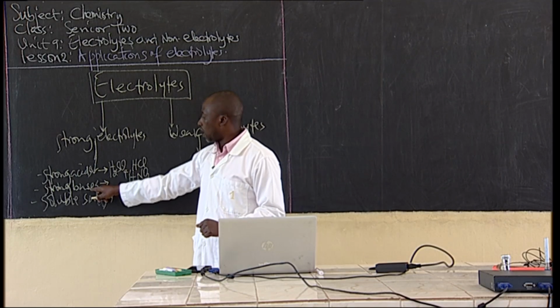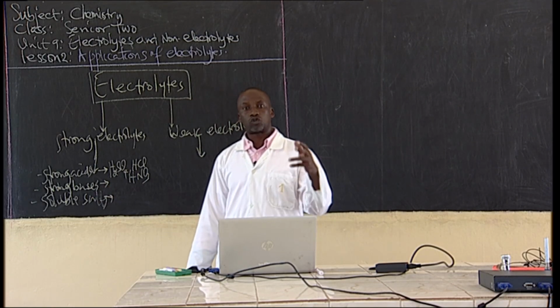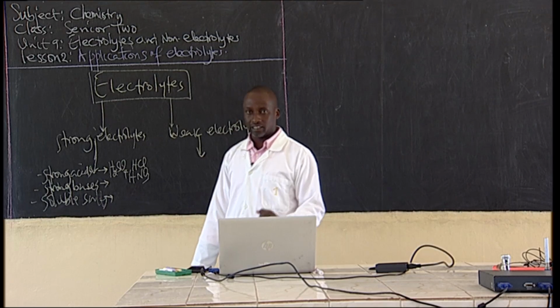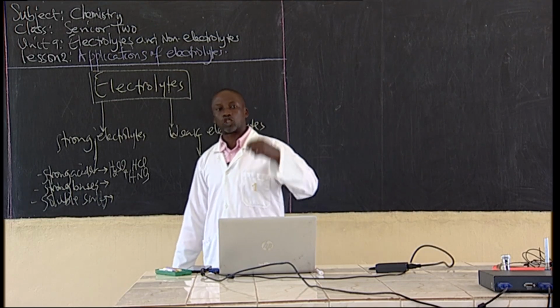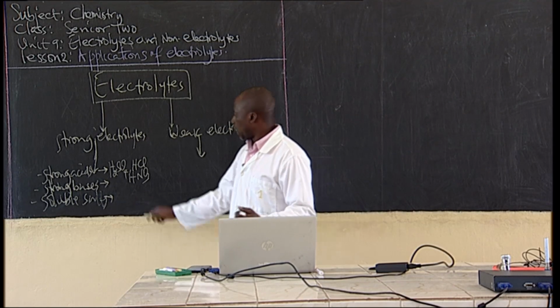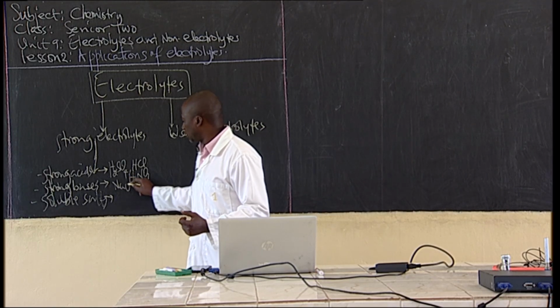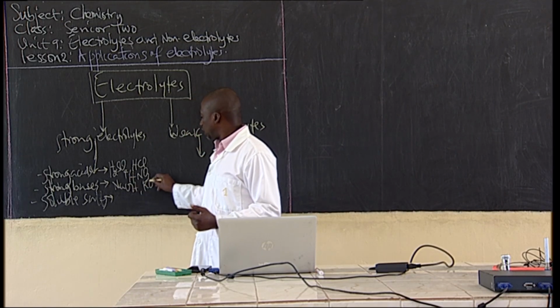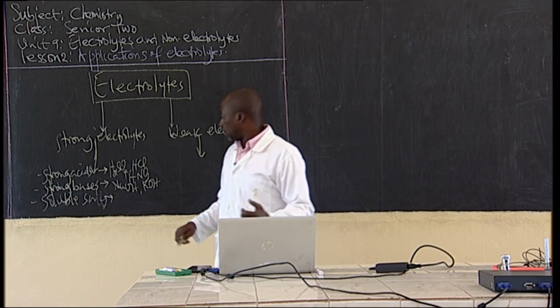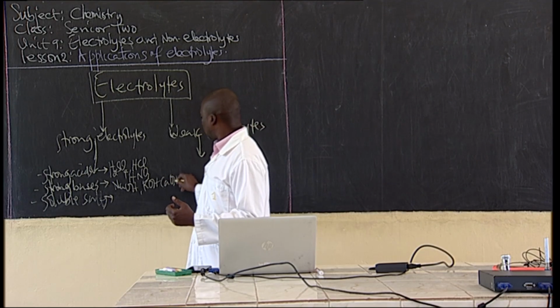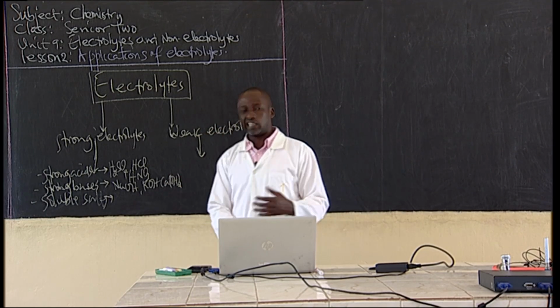Here we have strong bases. The strong bases are alkalis. An alkali is a soluble base. So we have sodium hydroxide, potassium hydroxide, and calcium hydroxide, which is slightly soluble.